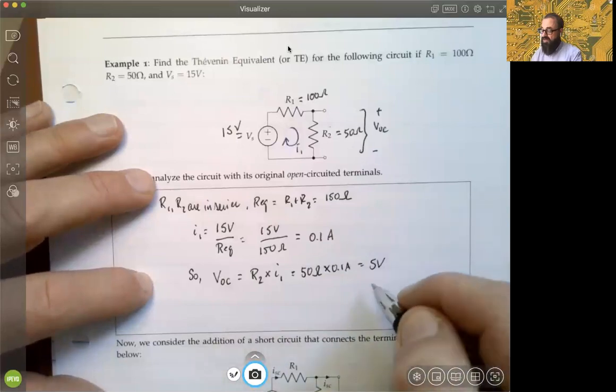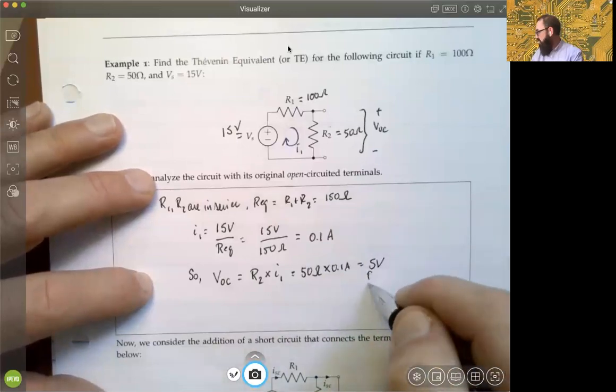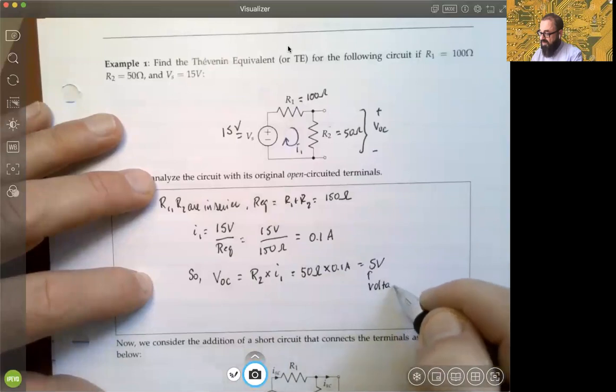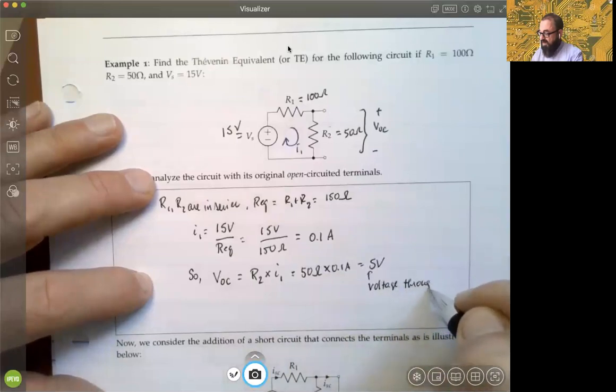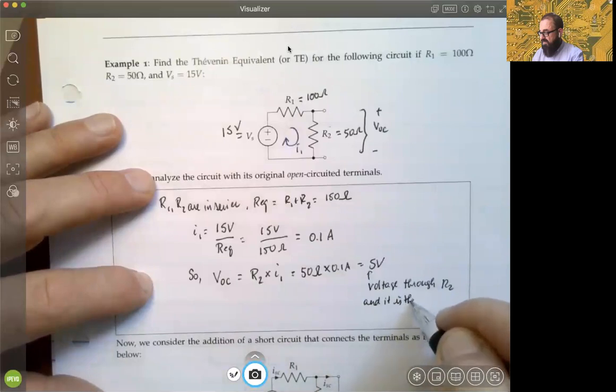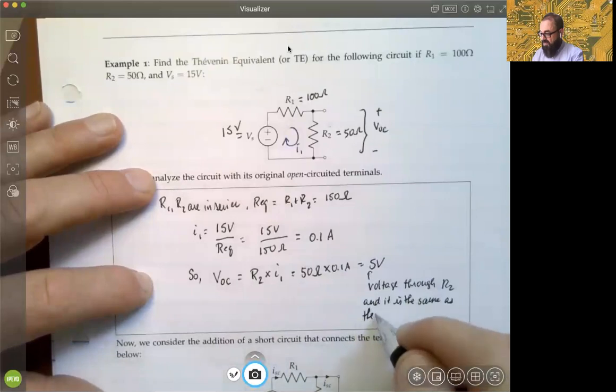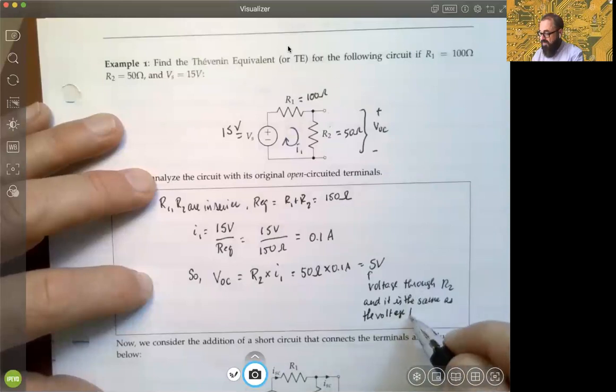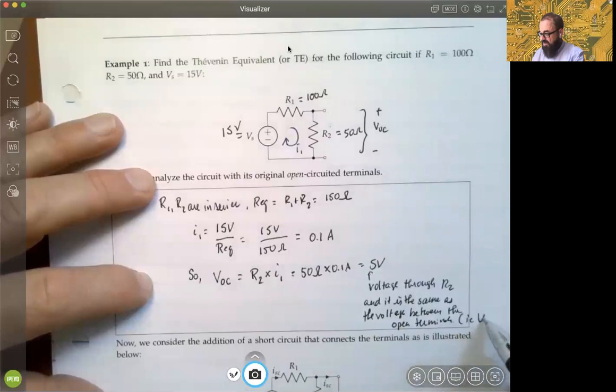So just qualifying again, this 5 volts is the voltage across the R2 resistance, and it is the same as the voltage between the open terminals, i.e. VOC.